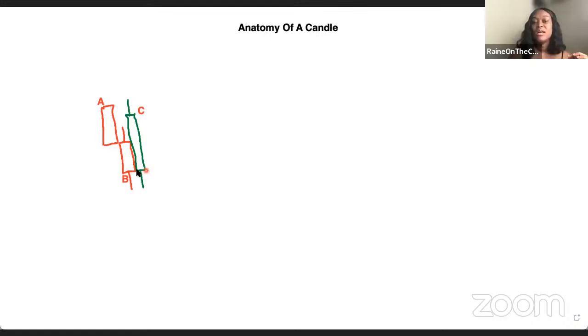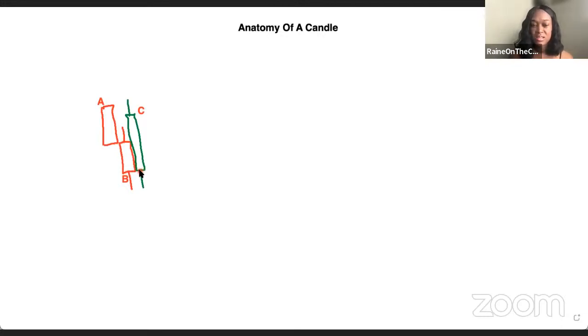Right. So wherever the previous candle closes, that's automatically going to be where the opening of the next candle is, always. So A opened here, it closed here, so that means B automatically is going to open where A closed, right here. Then B closes here, so automatically C will open here.